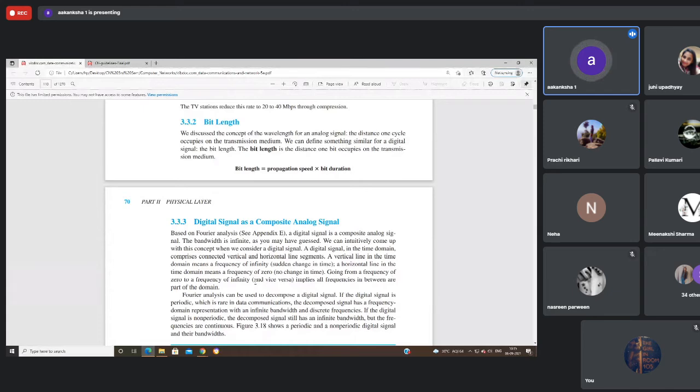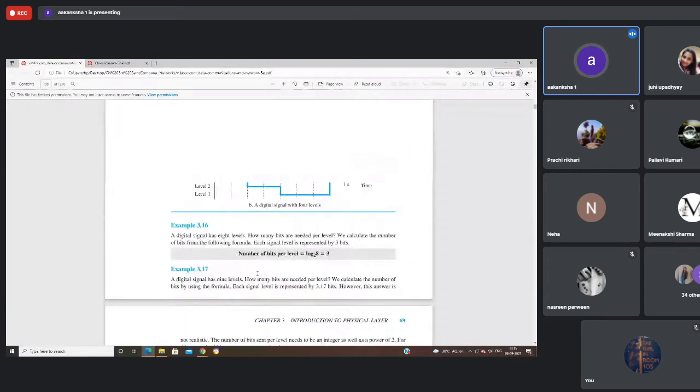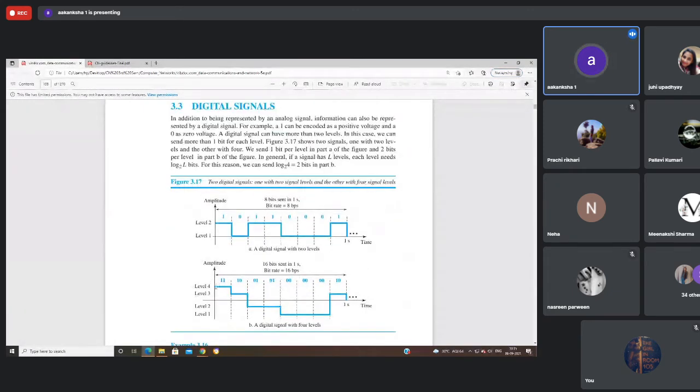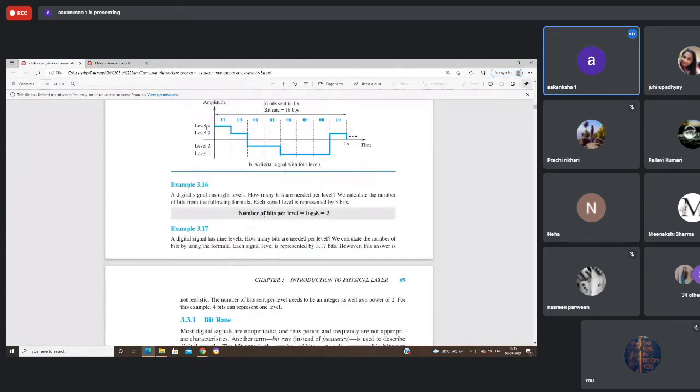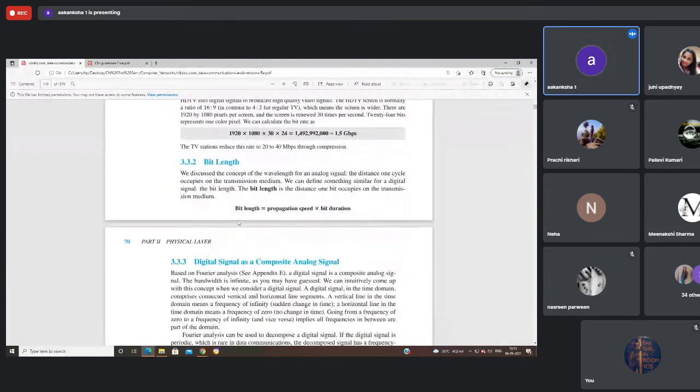If we have digital data to be transmitted, one bit is transmitted in this time duration. This is the time for bit transmission. This is the bit length.